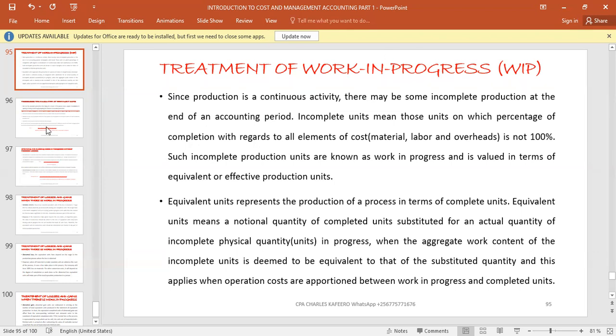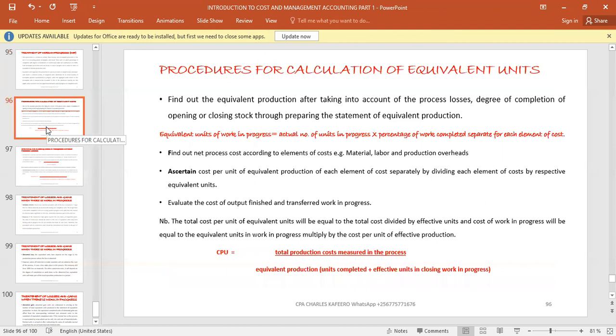So we can proceed to the next slide, and we try to look at how we can calculate the equivalent units, and we have the steps we follow when we are computing the equivalent units. One of them, we are saying, is to find out the equivalent production after taking into account the process losses.